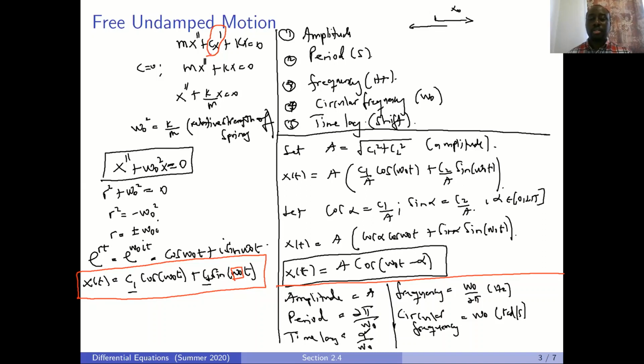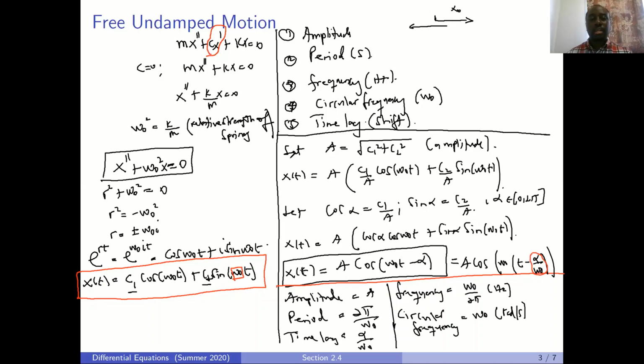So it's a total shift in the function. If you write this as cosine of w0 times (t minus alpha over w0), then it's clear that this cosine function has been shifted to the right by alpha over w0. That is your time lag.